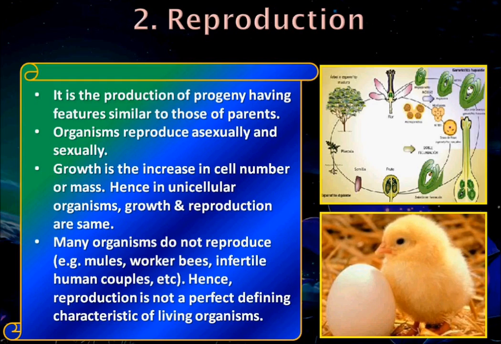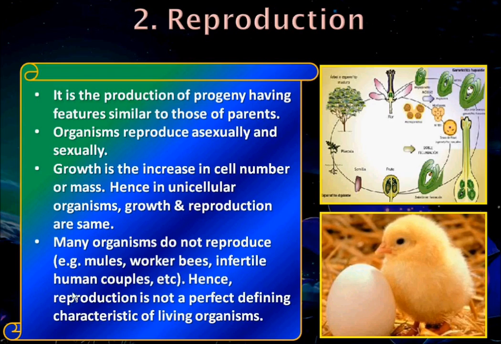So here we see that growth is increase in cell number, and hence in unicellular organisms growth and reproduction are same, because the unicellular organism reproduces by the division of the cell. And some organisms, they do not reproduce, like mules, worker bees, infertile human couples.